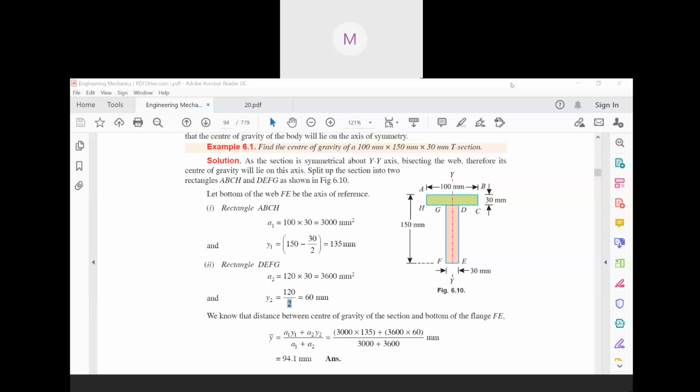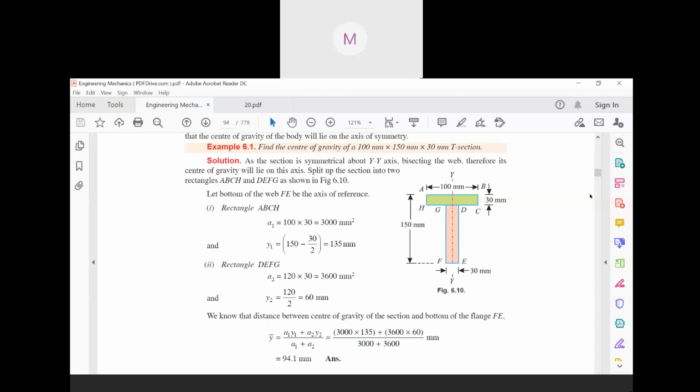Have you written down the question and drawn the figure? Yes, sir. Okay, good.